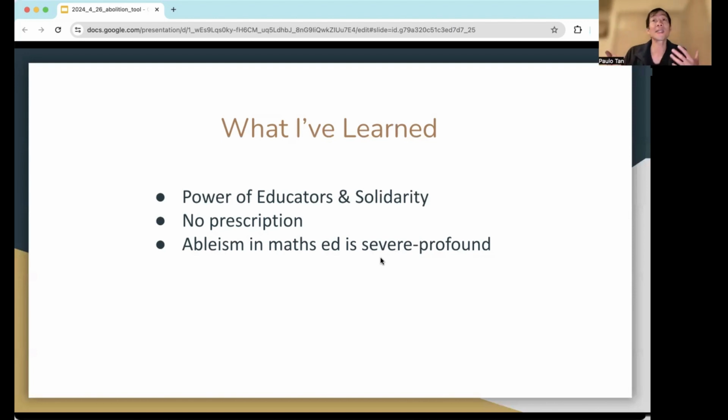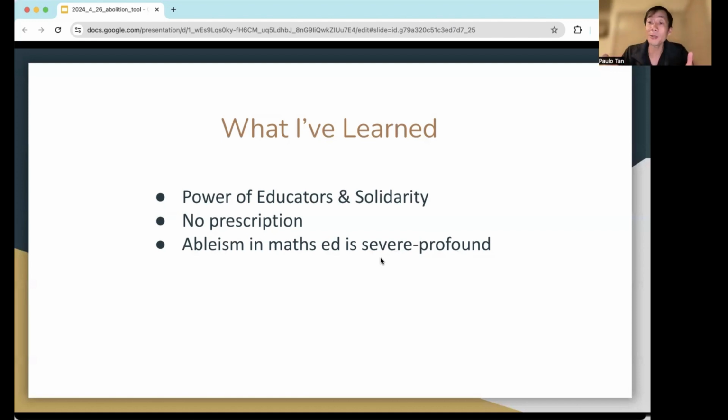And again, this is not something that we blame prospective teachers or practicing teachers for. It is very systemic. We are made to think this way about disability, and again, it connects to other systems of oppression like racism and sexism and imperialism. All these things are interconnected.